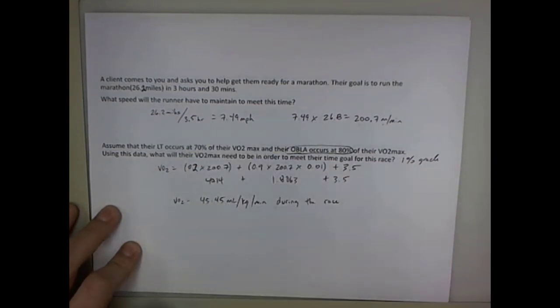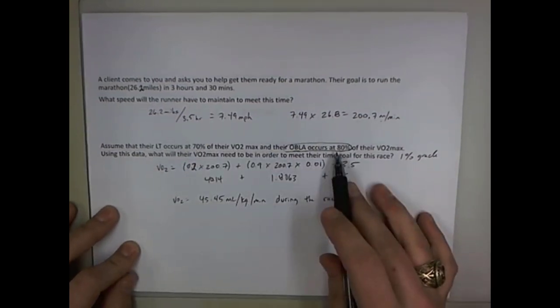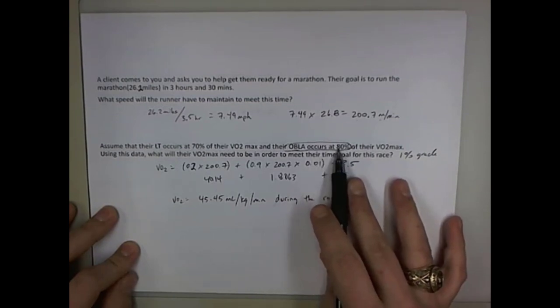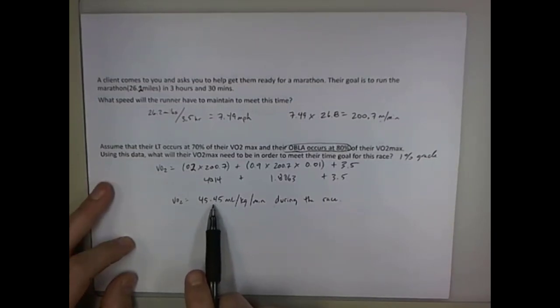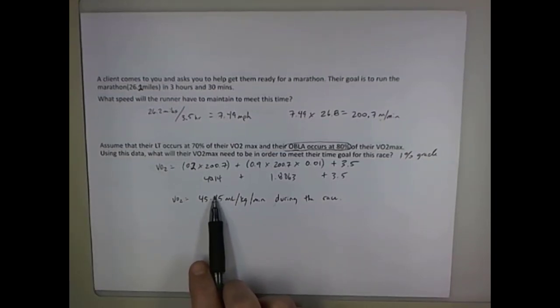So we can ignore lactate threshold at 70% as long as we remain under our OBLA, which here we're going to estimate is 80% of their VO2 max. So basically, 80% of their VO2 max needs to equal this number here.